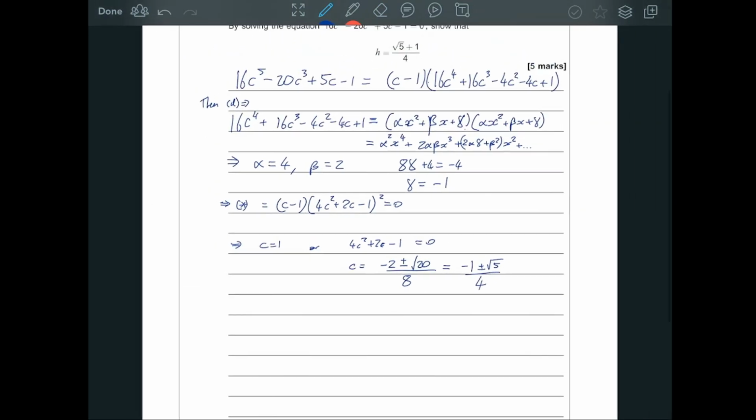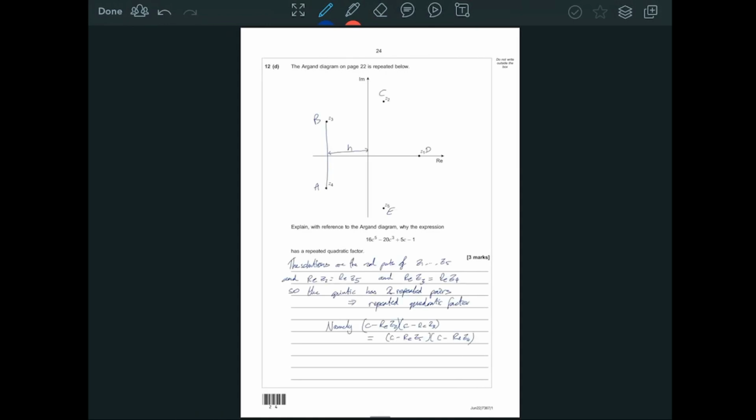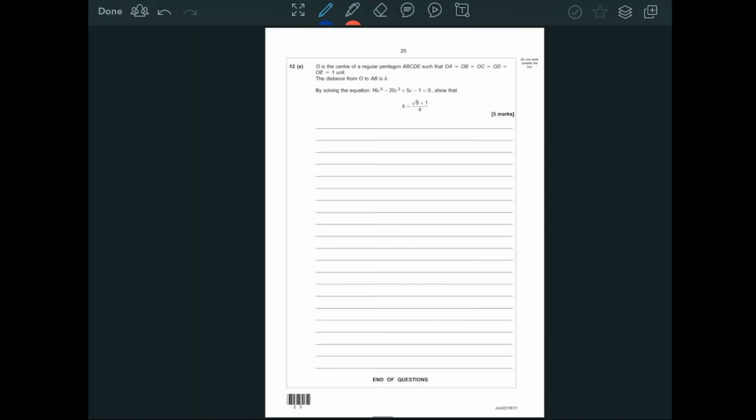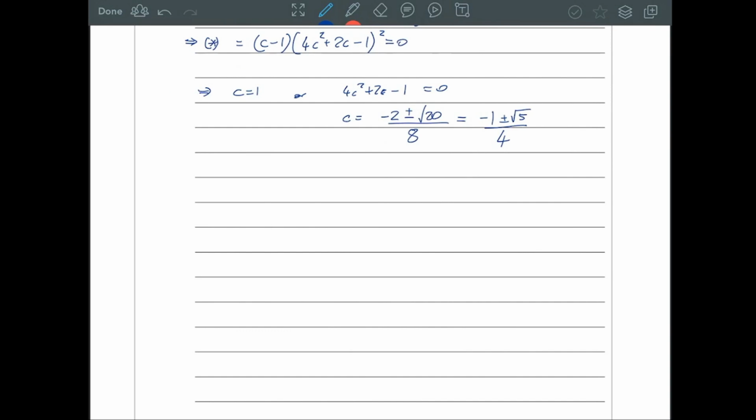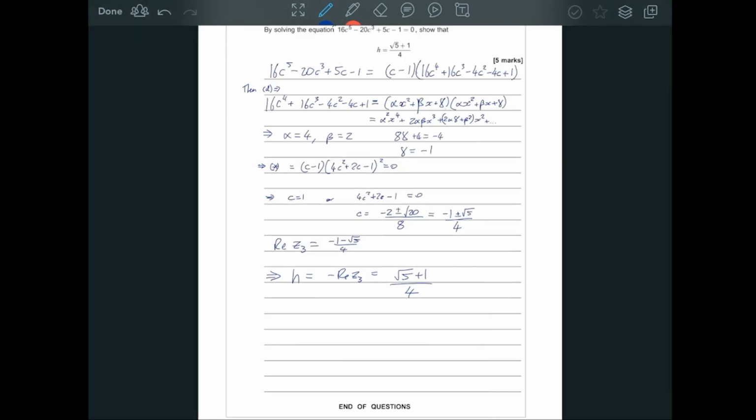And now this goes all the way back to what my picture was. H is the negative real part of Z3 or Z4. So the real part of Z3 is the negative solution to this, minus 1 minus root 5 over 4. So that implies that H is the negative part of Z3, which is root 5 plus 1 over 4, as the question required.